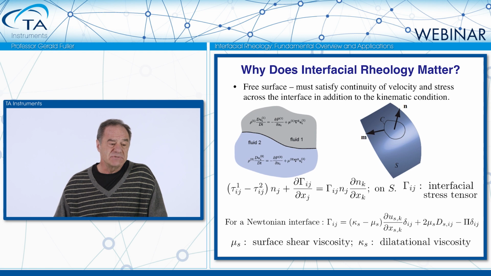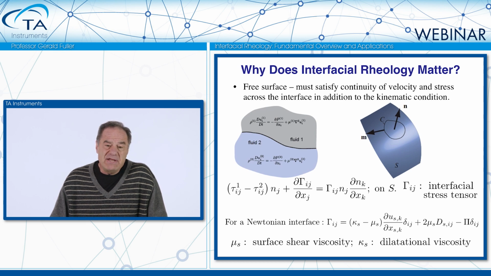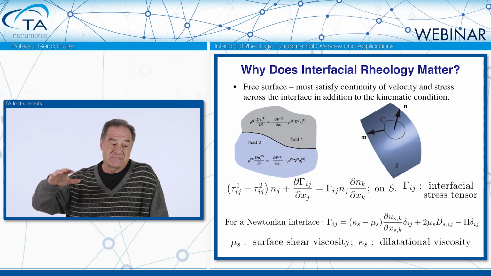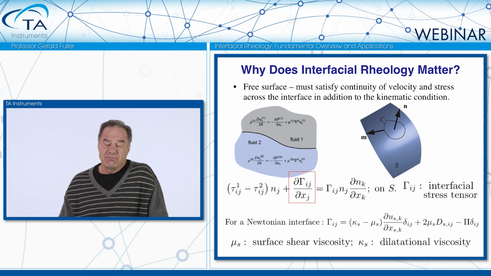So the other two terms involving capital gamma are coming from the interface. Capital gamma is the stress tensor at the interface. And the first term is the gradient in that stress. And then the term on the other side of the equation, those are arising from normal stresses. But we need to know something about that interfacial stress tensor. So we have that differential element on the left-hand side, the differential of that interfacial stress.